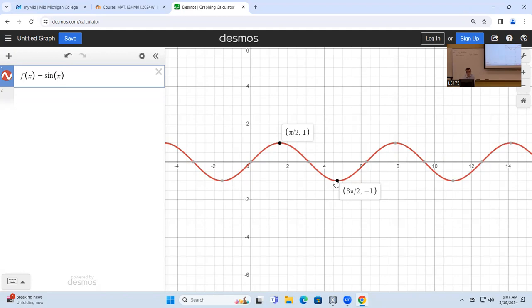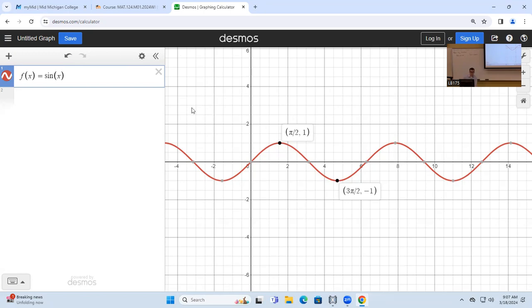And the height on the unit circle is what this is tracking. Does that make sense? So this is tracking the height on the unit circle. So the range of sine of x goes from -1 to 1.